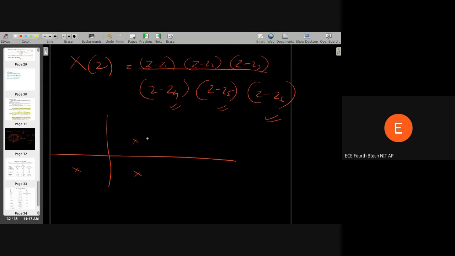These are called the poles, z4, z5, z6. And whatever are the values for which the transform goes to zero, those are called zeros, z1, z2, z3.